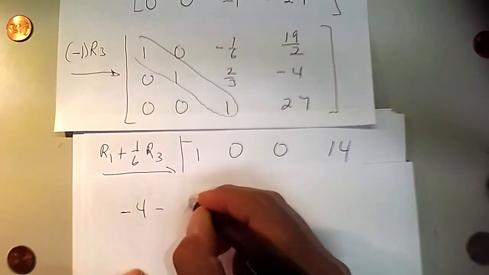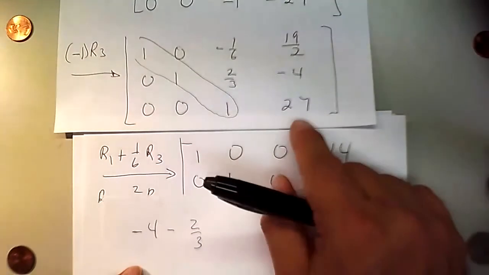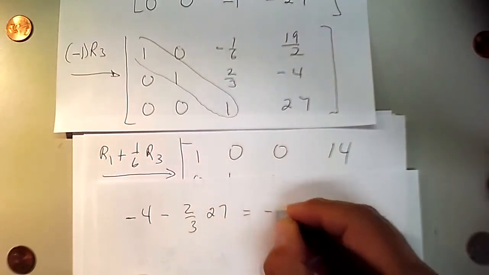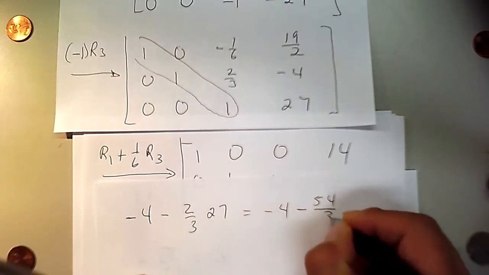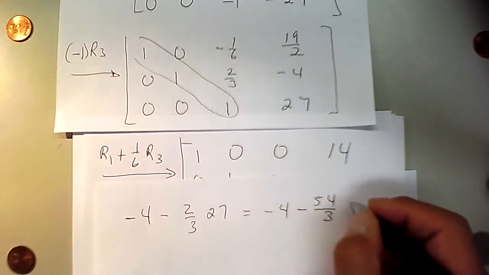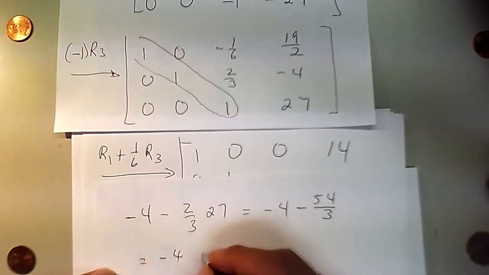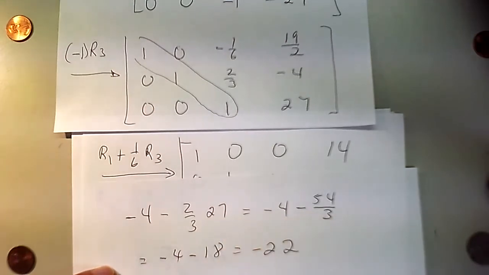Negative 4 minus 2/3 of 27. Well, that is negative 4 minus 54 over 3, and that is 18. Negative 4 minus 18 is negative 22.